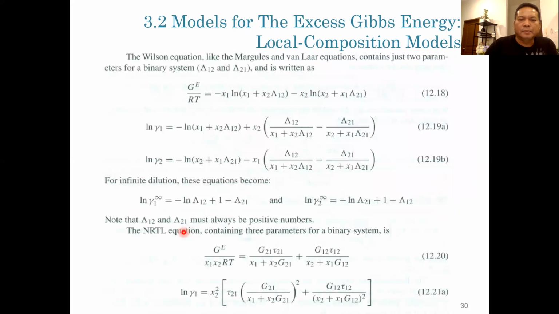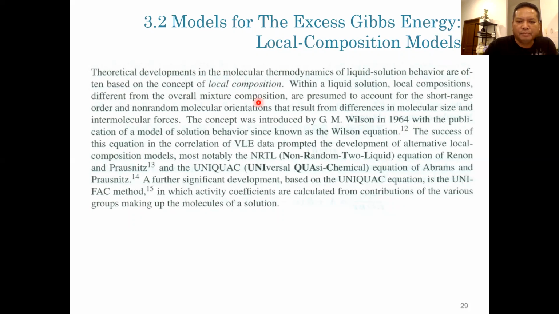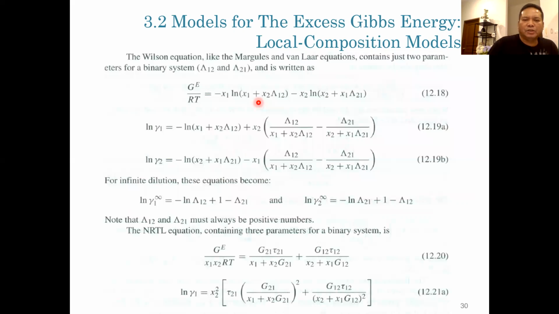For the first one, NRTL, the non-random two-liquid equation, it can be written into this form here. This lambda 12 and lambda 21 is very similar to what we applied for the A just now, so we can rewrite it into this form, and then we get lambda at infinity.